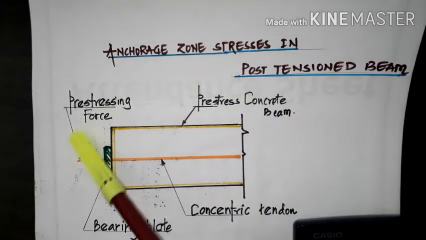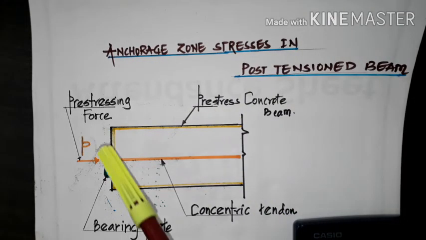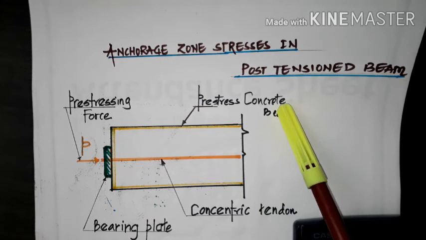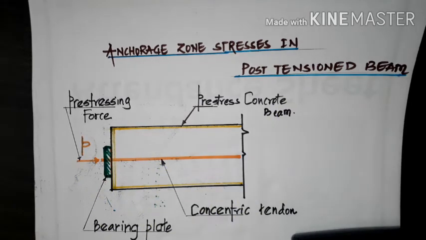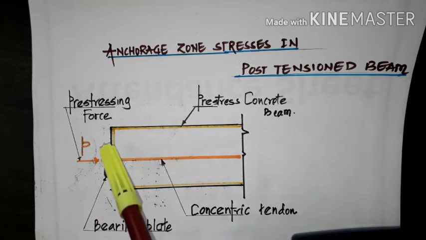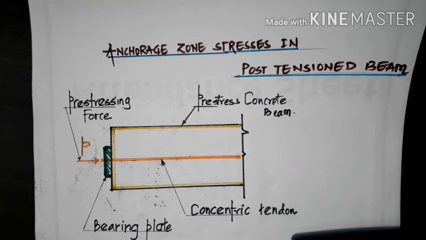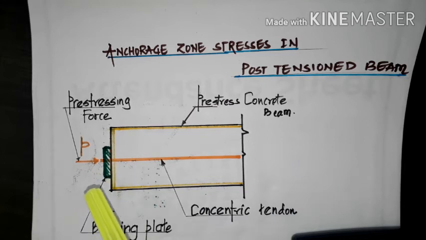You can see a prestressed concrete beam, and the tendon passes through the section through the centroid, so it is a concentric tendon. We have the bearing plate at the end of the section, which is used to lock or anchor the tendon.